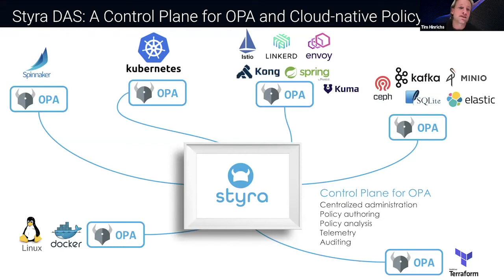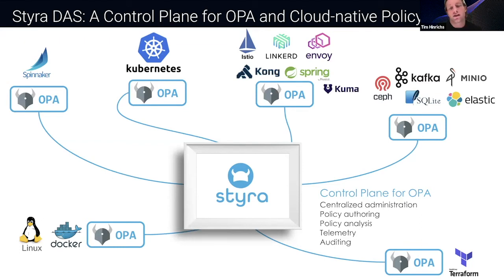So in addition to having created OPA and donated it to the Cloud Native Computing Foundation, Styra created a second piece of software, which we like to call the Declarative Authorization Service, or DAS for short. Its mission in life is to provide that control plane, or management plane, that single pane of glass for OPA, regardless of which use case you're using it for. So when I go through the demo briefly here, I'll show you that.